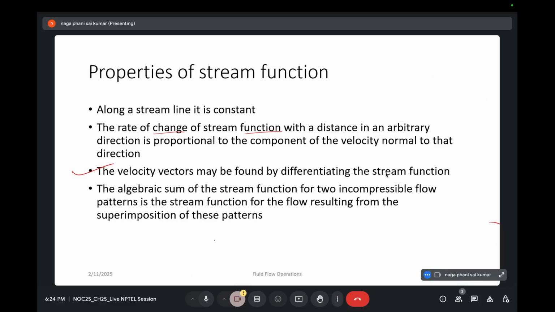So if we have two stream functions and superimpose them, the resultant will be phi1 plus phi2.